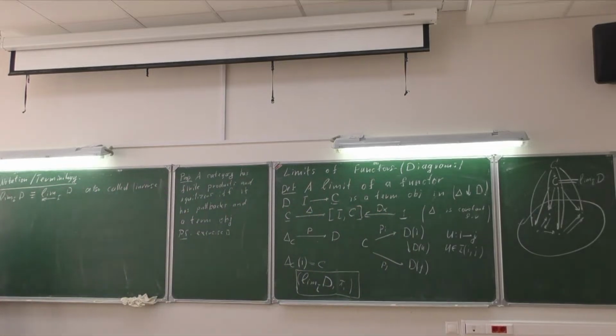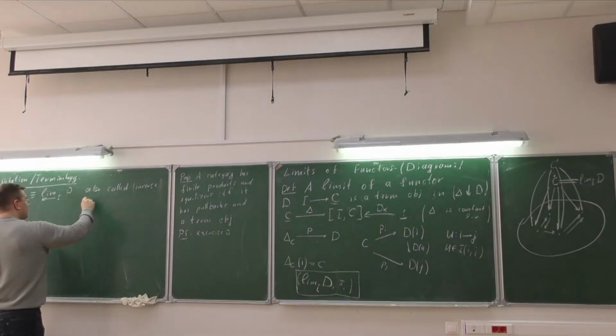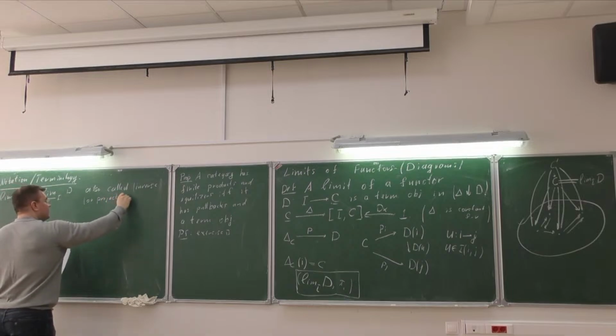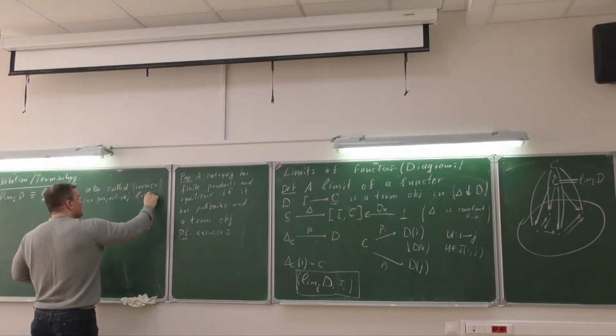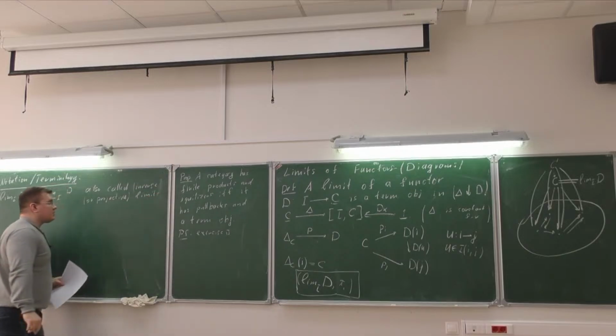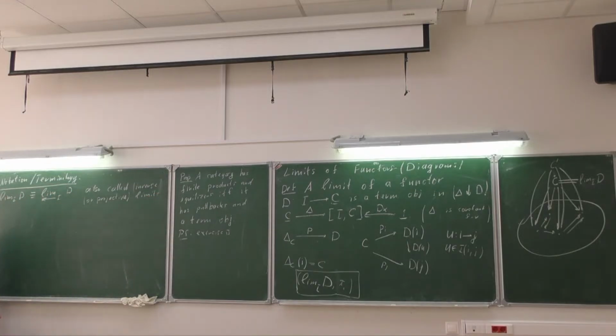So this limit is sometimes also called inverse or even projective limit. But I think this is kind of old terminology, and I'm going to reserve the names inverse and projective limit for a very special kind of limits that we're going to discuss after we finish this general nonsense.